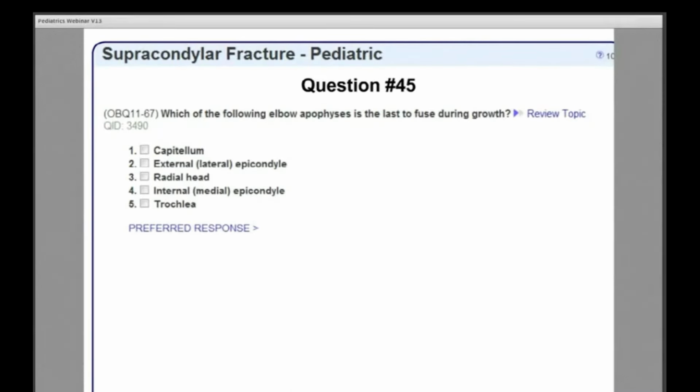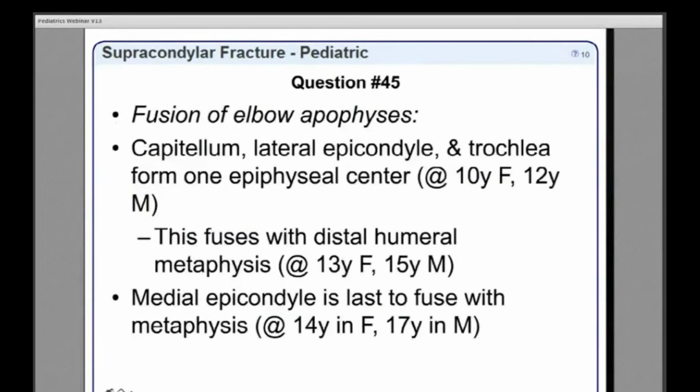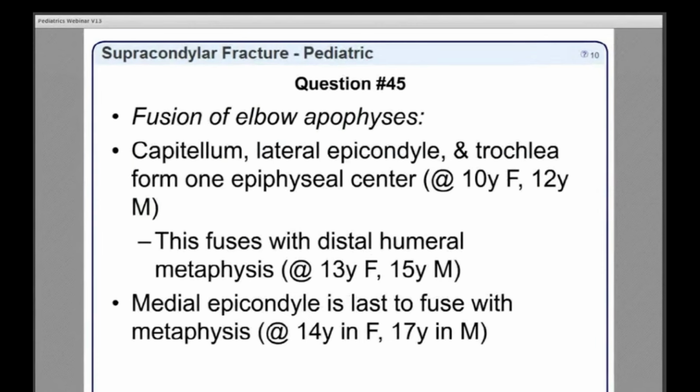The next topic is the elbow. Which of the following elbow apophyses is the last to fuse during growth? So this requires you to know about the maturation of the pediatric elbow, whereas almost everyone remembers the order of appearance of the apophyses. So the fusion of the elbow occurs as follows.